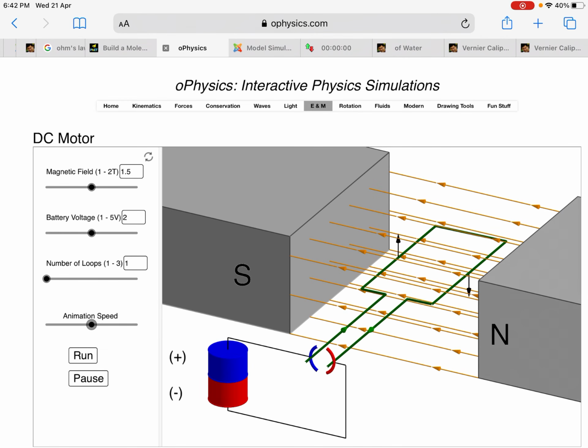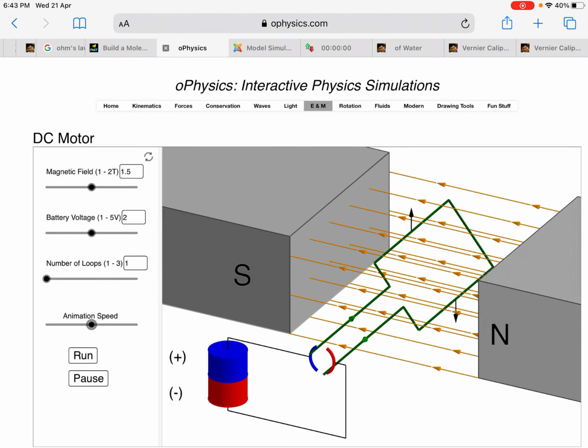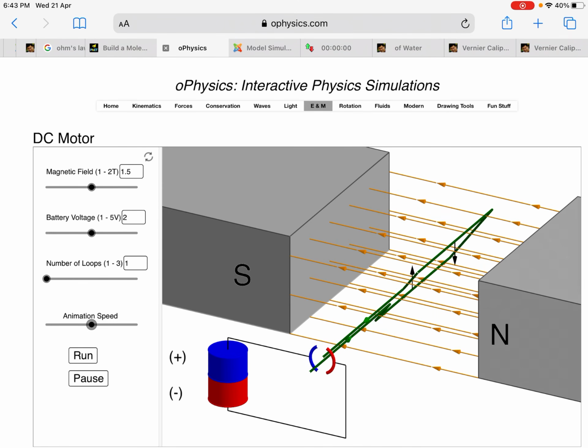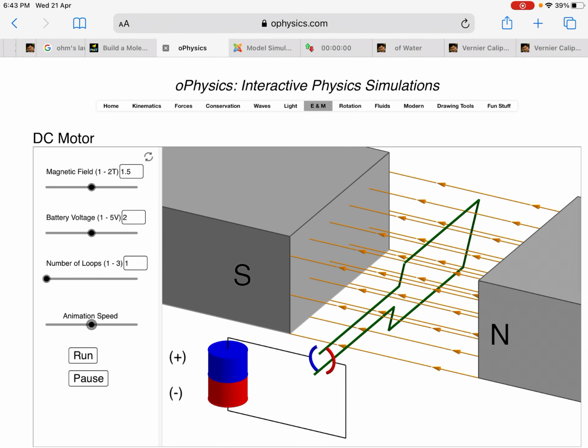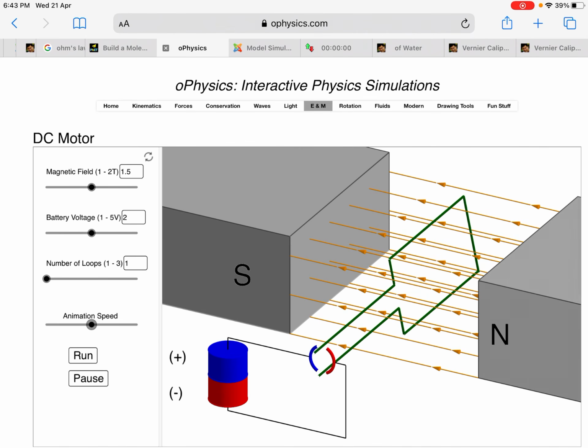There's one particular section that I didn't mention, which is that there's a point where the current will not flow inside the coil of wire. This is when the split ring commutator is not connected to the coil of wire. At this point there's no current flowing through, but the coil will still turn until it becomes connected to the split ring commutator again, because of Newton's first law, the inertia.